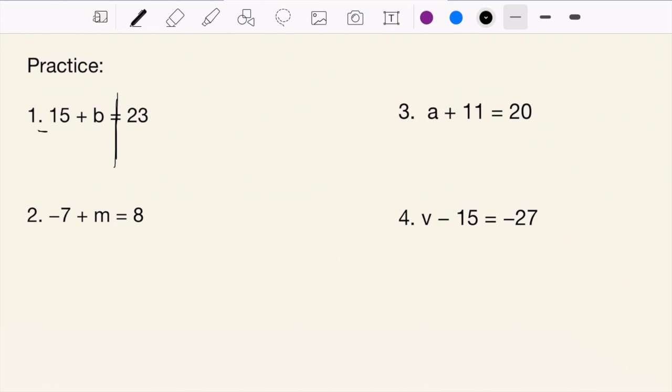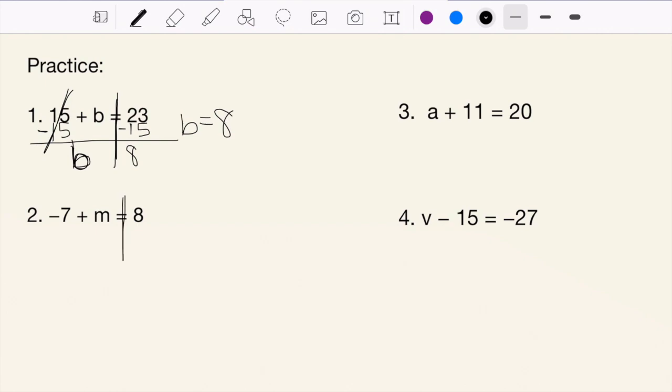If it's positive 15, we're going to subtract 15. When we subtract, it cancels out, and we're left with b, because 15 minus 15 is just 0. Then whatever we do to one side, we have to do to the other side. So we have 23 minus 15, which gives us 8. So b equals 8. Same steps every time.